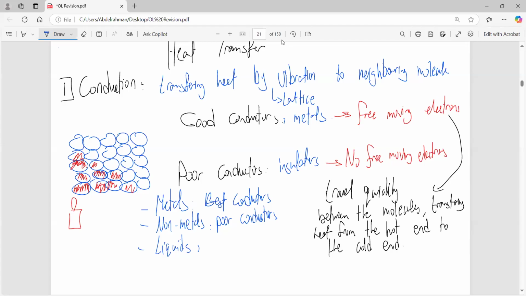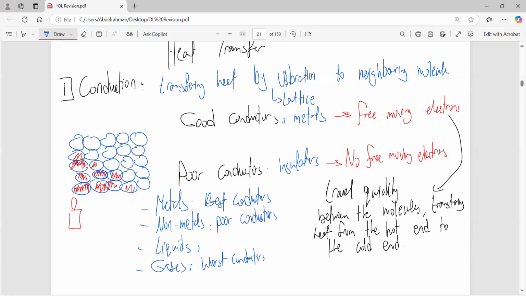Whenever they get into contact, or hit each other, they will eventually transfer the heat. So liquids and gases do conduct, but they're even worse conductors than non-metals. We can say that gases are the worst conductors. What about the liquids?